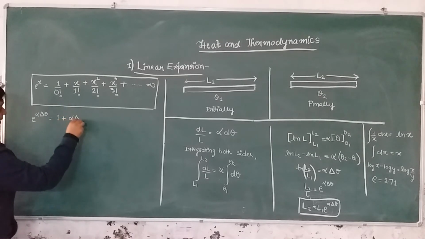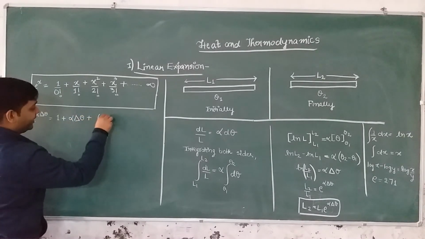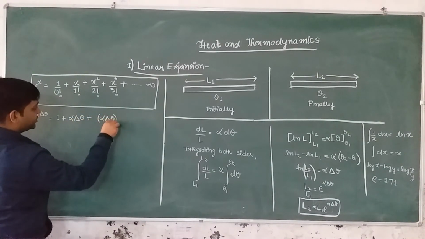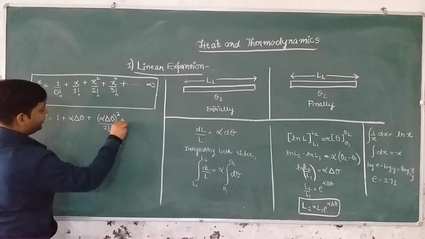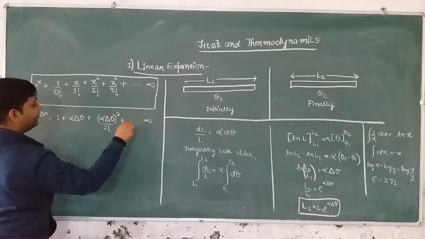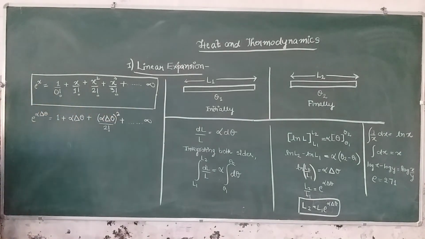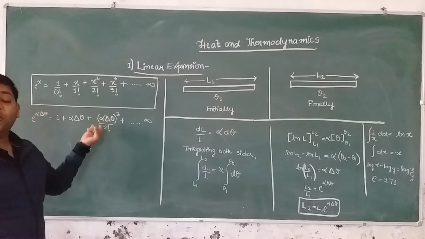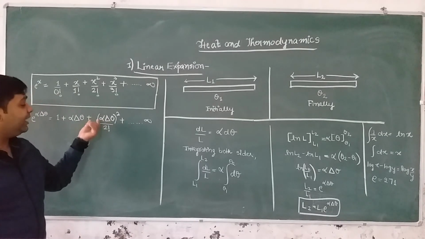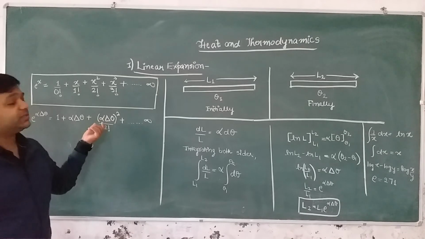alpha delta theta plus alpha delta theta squared upon 2 factorial plus and so on till infinity. Now practically the value of alpha, the coefficient of linear expansion, is very small.